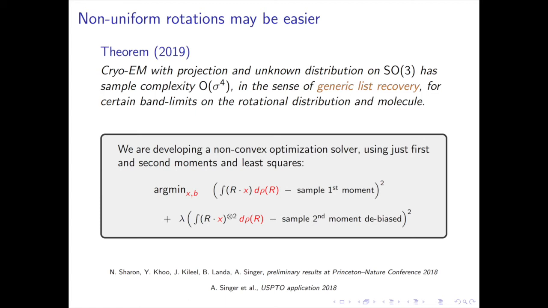More questions? I had a question about the assumption that the variance is very large. Why is this variance very large? It's not a mathematical question. It's because the cryo-EM images are so noisy.